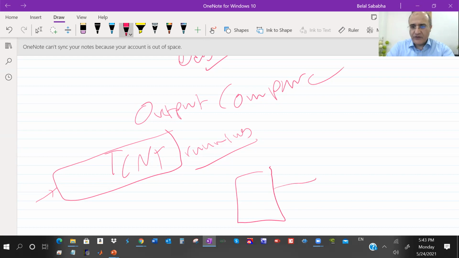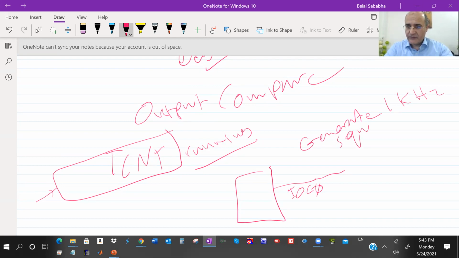to generate on port T0, which in this case is IOC0, a 1 kilohertz square wave with 50% duty cycle.